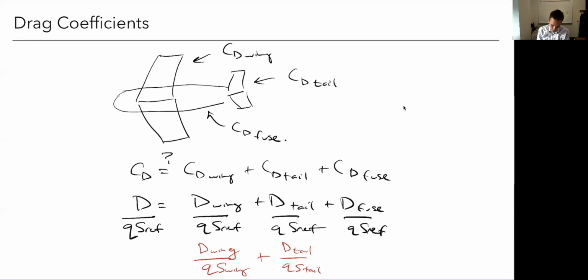If you did the separate ones, then you'd have to multiply this by S tail over S wing, for example, so we could get them on a common denominator. Then we could add them. But just as a matter of practice, we generally use the same reference area for all of them. And that way we can just add drag coefficients just like this without worrying about it because we use the same reference area.